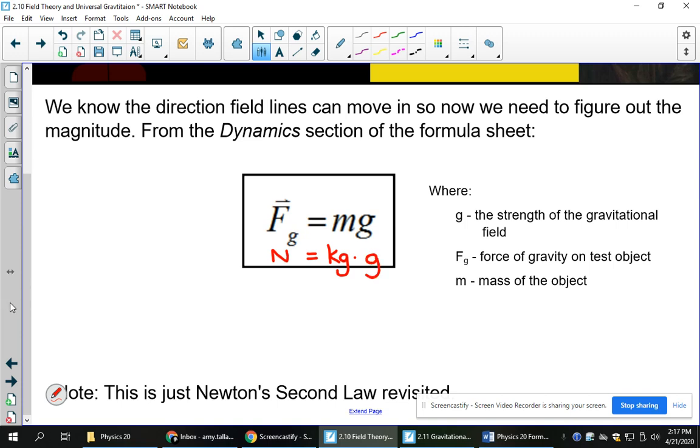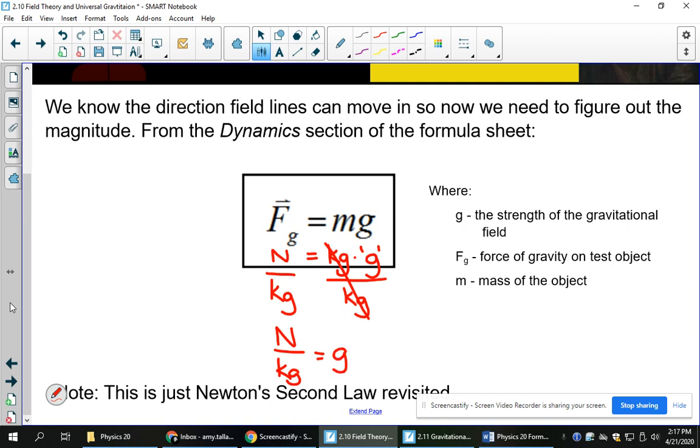So I want to figure out what are the units on this different g that's really the same g, but I'm just going to use slightly different units. I'm going to divide both sides by kilograms. And I've got this g to be newtons over kilograms. It really is meters per second squared.